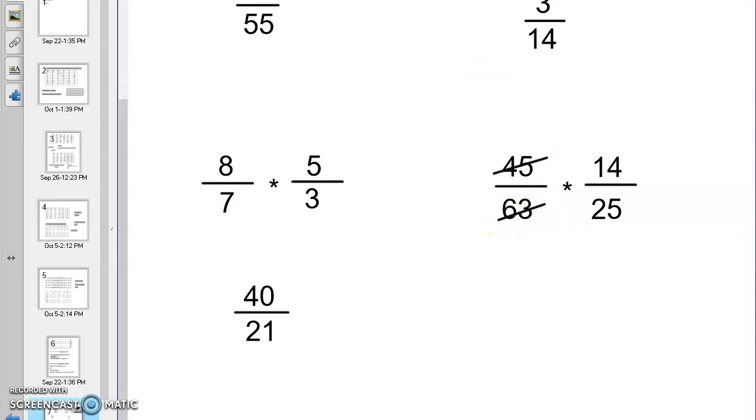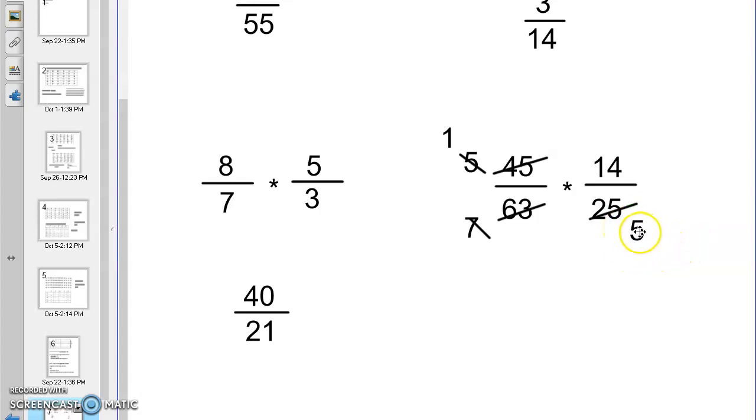So this becomes, 9 goes into 45 5 times. 9 goes into 63 7 times. And now we're looking diagonally. 5 goes into 5 once. 5 goes into 25 5 times.